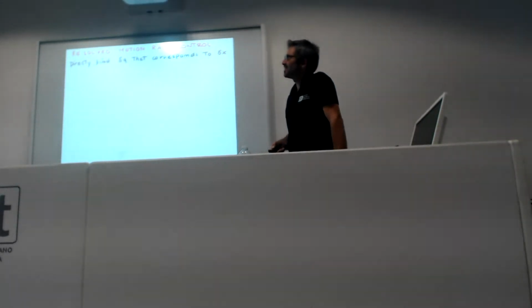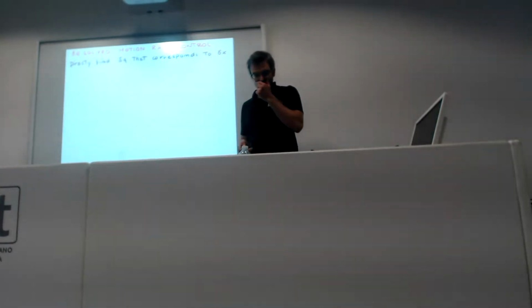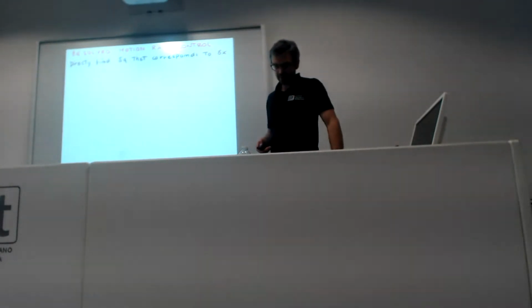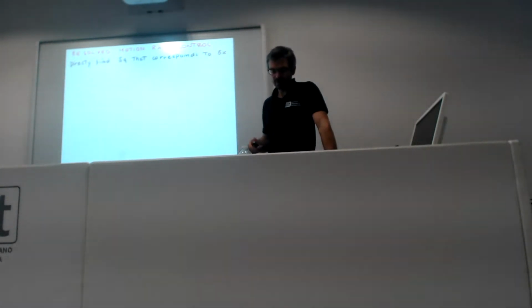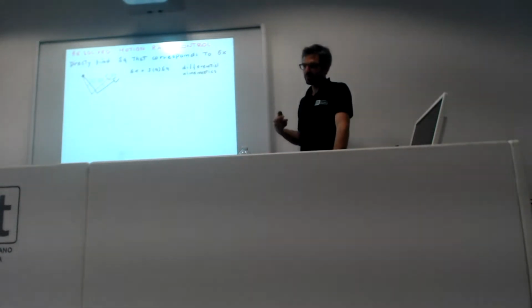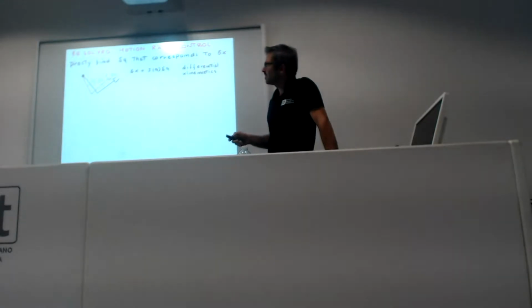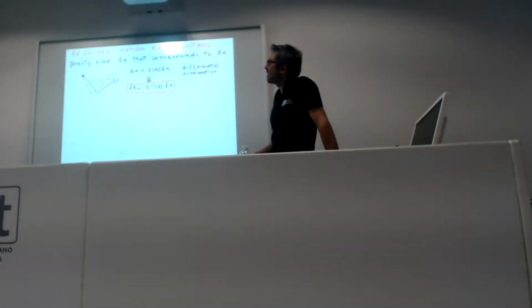In essence, instead of solving the inverse kinematics, we directly find the delta q that corresponds to a certain delta x. So we just use the Jacobian and the inverse of that, and this is always possible, as I said, apart from a redundant manipulator where we need to do the pseudo-inverse.